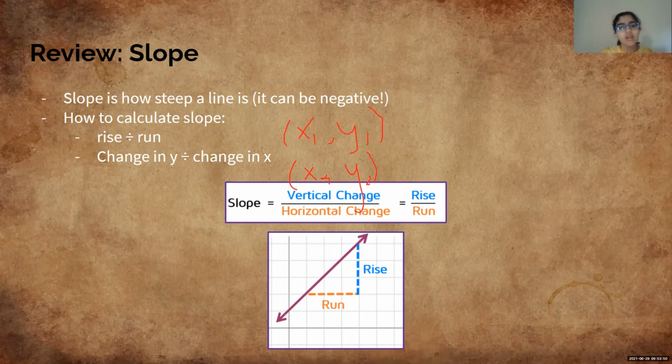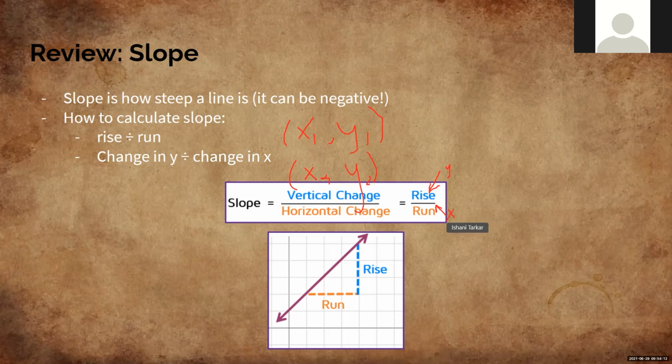However, you should not be doing y1 minus y2 over x2 minus x1 because you will get the wrong answer. And also make sure you have the change in y at the top as the numerator, and the denominator should be the change in x.